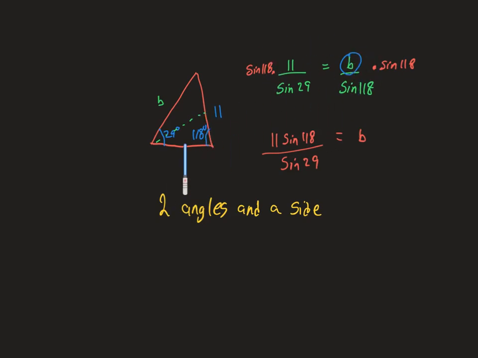But the side that you do have has to have the angle as well. Okay? Now I'm showing you why and when you can use sine law, and that's mainly because there are cases where you can't use sine law. So when can I not use sine law?